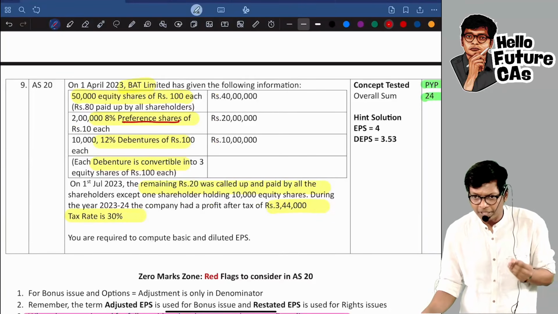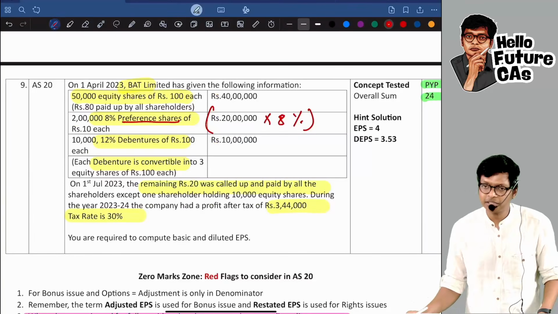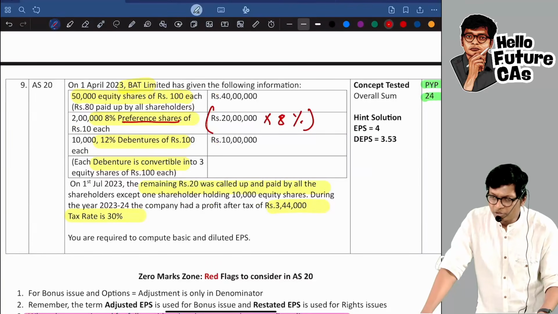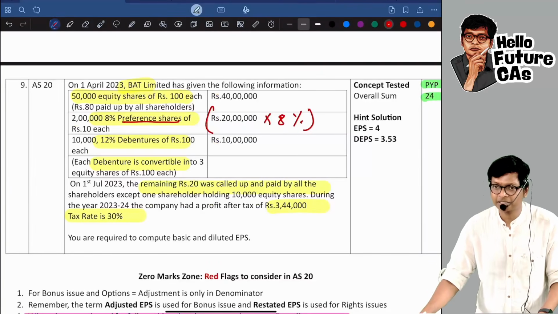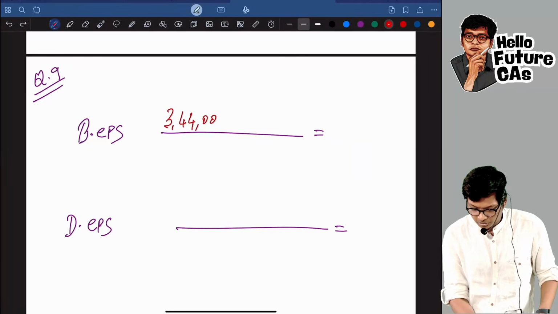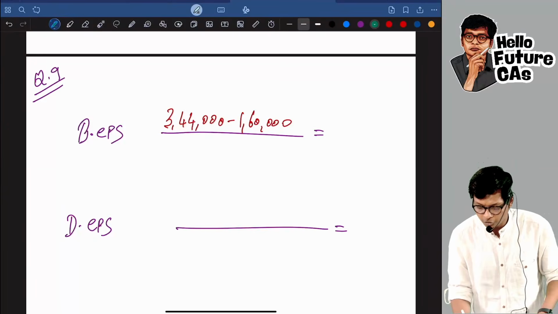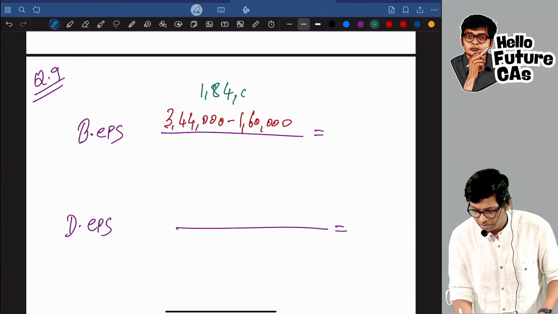So I have to reduce preference dividend, which is 20 lakhs into 8%. That's it. Any dividend distribution tax, nothing is there. So how much is this? 1,60,000. So I will go ahead and reduce minus 1,60,000. How much you will get, guys? So my numerator is going to be 1,84,000.